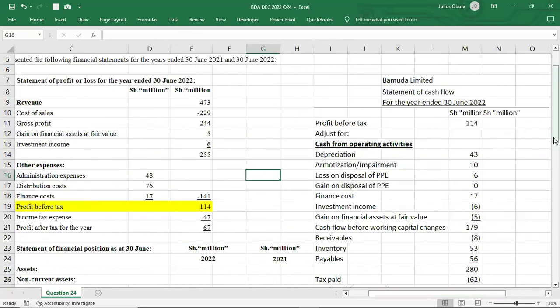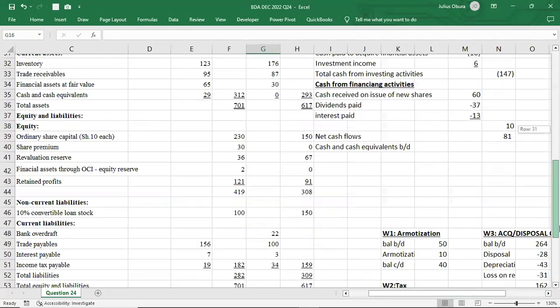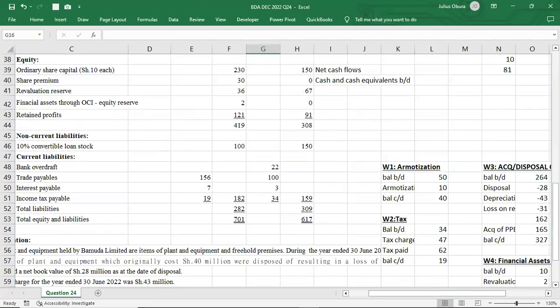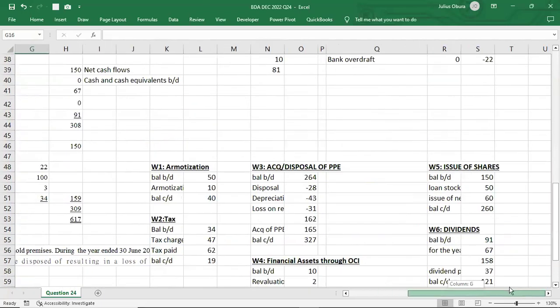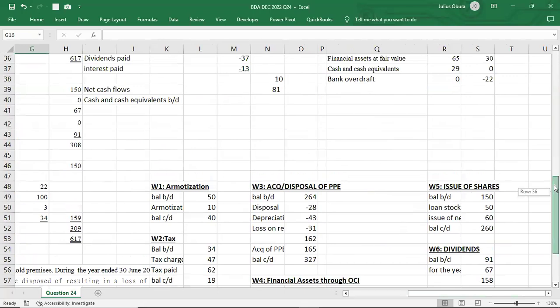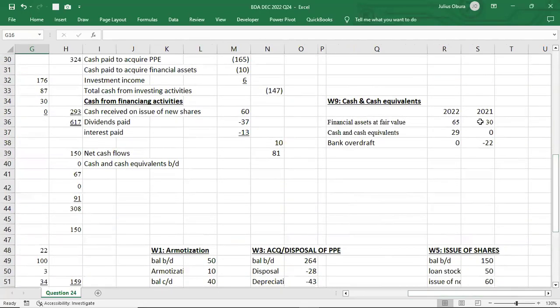We add it to our opening, so we add 5 so that we close with 35. So this means that we are going to have a total of 94.